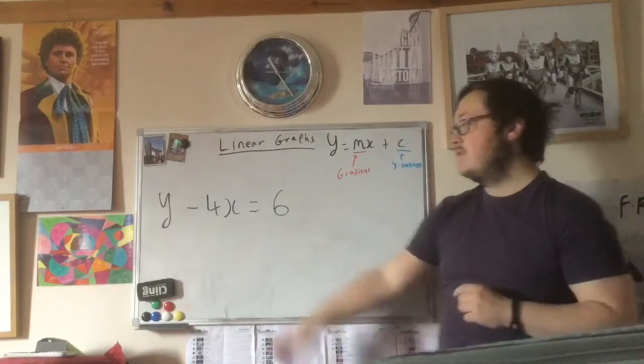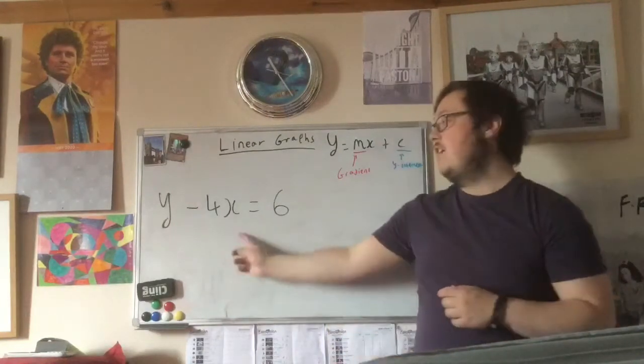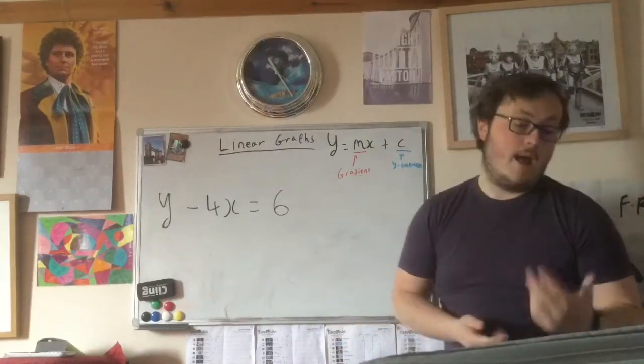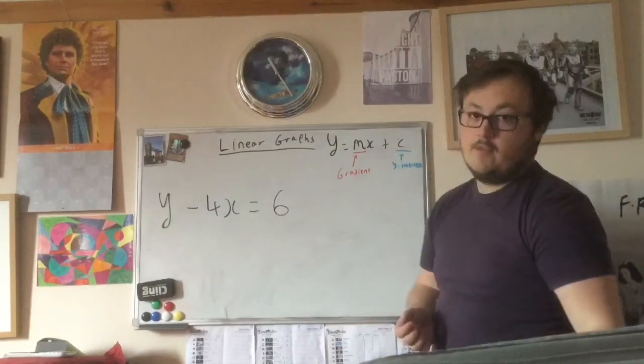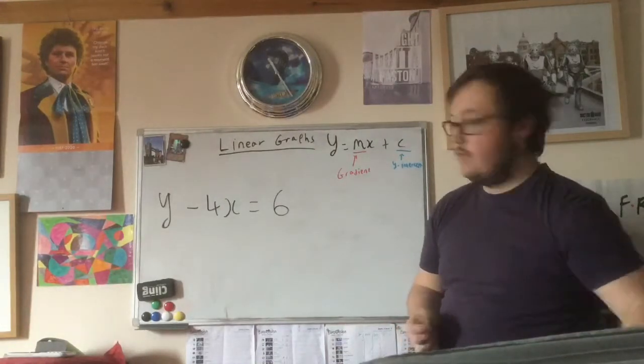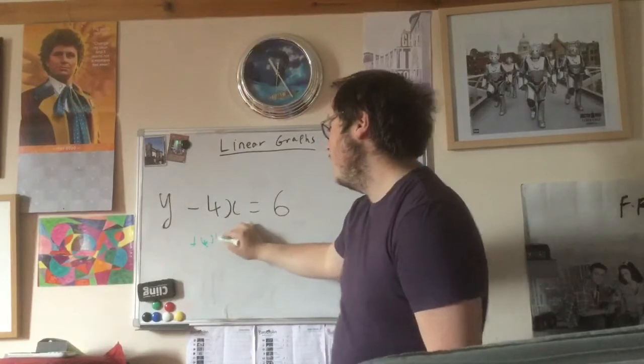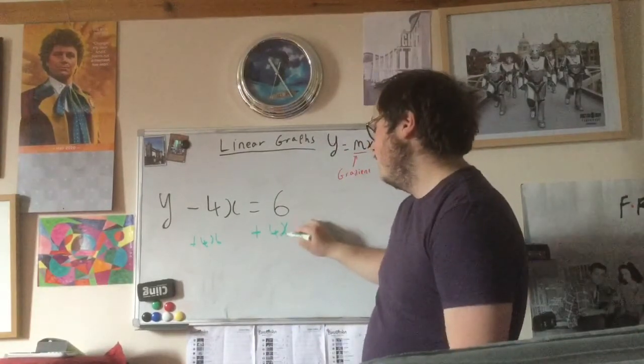So for this, we're going to have to move our negative 4x to the other side of this problem. How are we going to do that? Well, don't you remember the balancing method we did in Algebra Week? So, instead of minusing 4x, we have to add 4x on both sides.